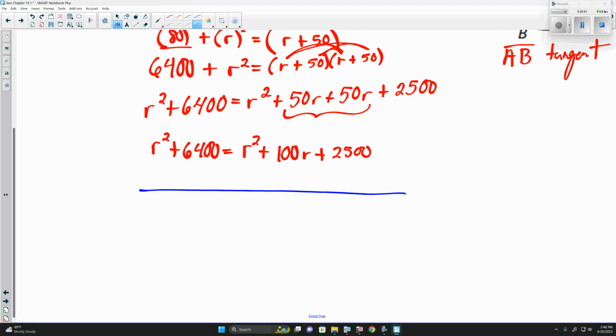Now, the first thing we want to do, and you'll get into this in Algebra 2, but in Algebra 1, we want to get r squareds on the same side. So I'm going to move it from the left to the right. So if I subtract r squared from the left-hand side, what I do to one side, we have to do to the other, and r squared minus r squared is zero.